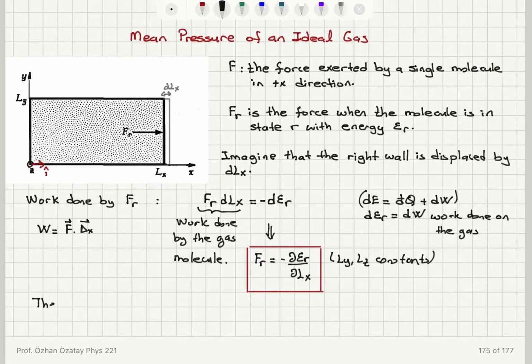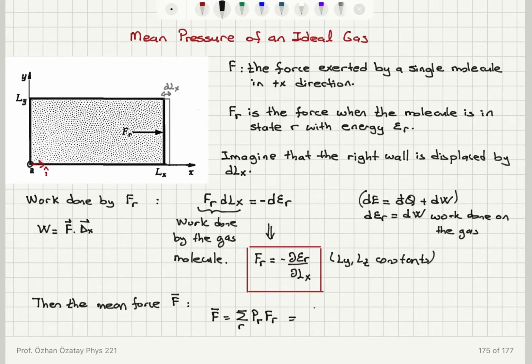we can calculate the mean force, once again still exerted by one molecule. This is going to be, by statistical definition, F bar is the sum over all possible states of the probability of having a state R multiplied by the corresponding force.